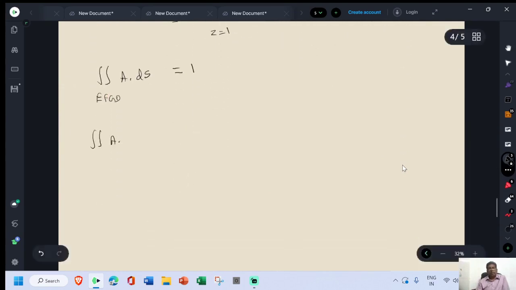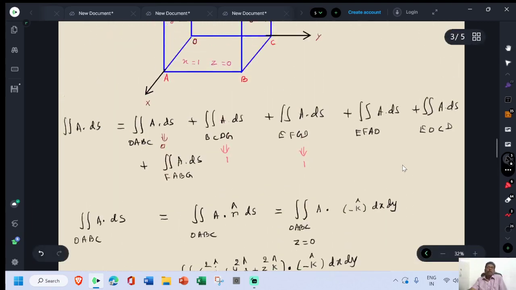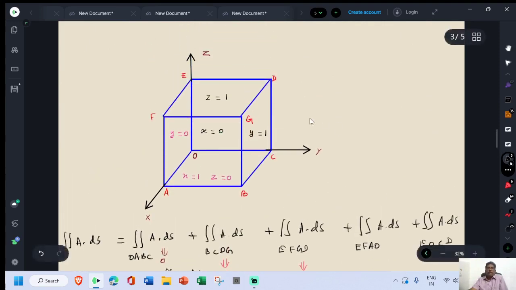Double integral of A dot dS over EFAO, which is equal to the double integral of A dot n cap dS. What is the value of n cap? Go to the face EFAO. Here the value of y equals 0.